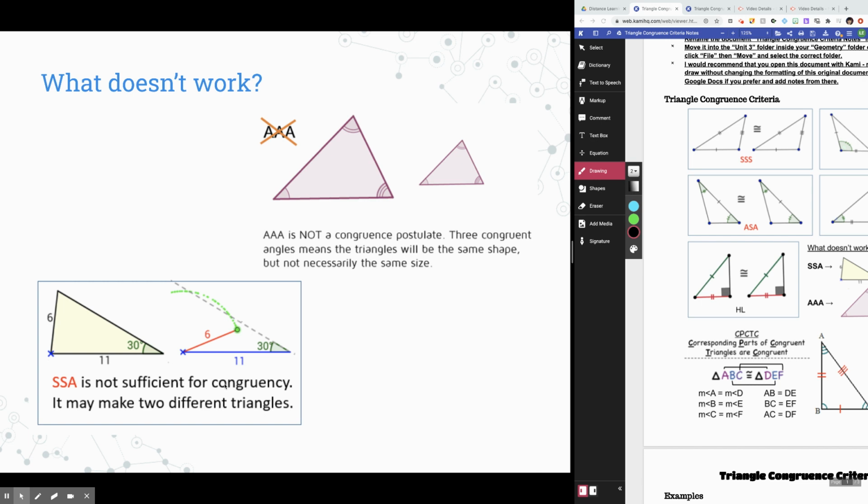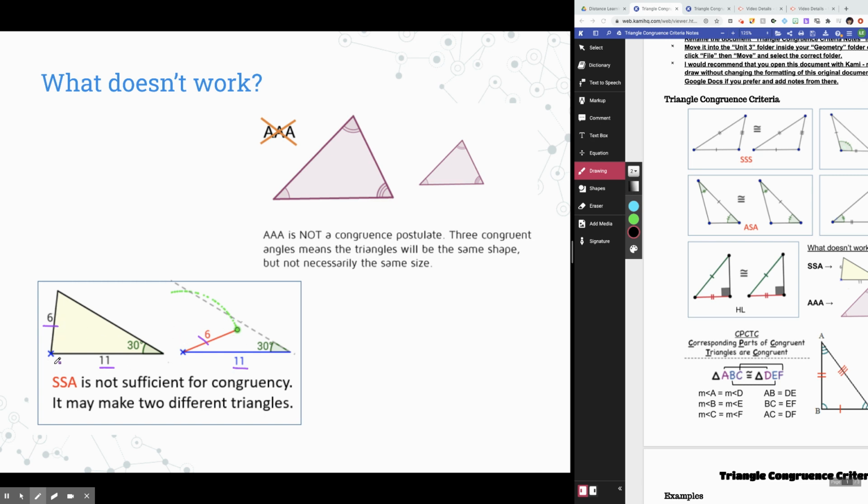The other one that does not work, which most people get confused by and is the most difficult one for people to identify, is SSA. It's not a triangle congruence criteria because you could end up making two different triangles. This picture right here shows you an example of that. So this right here is currently SSA, where you have this side, another side, so side, side, and then you have this angle right here.